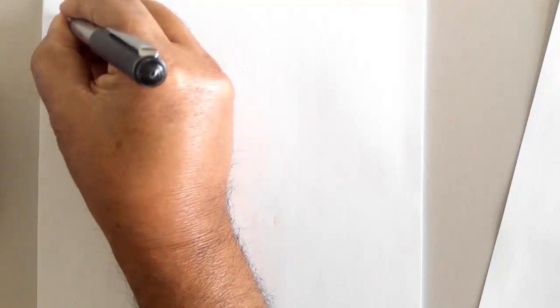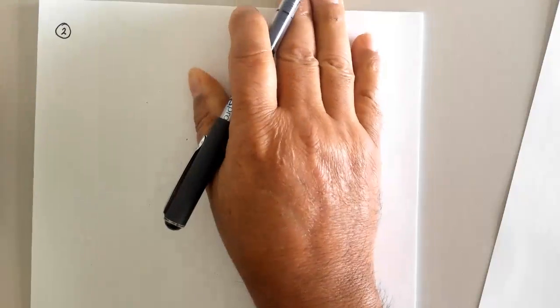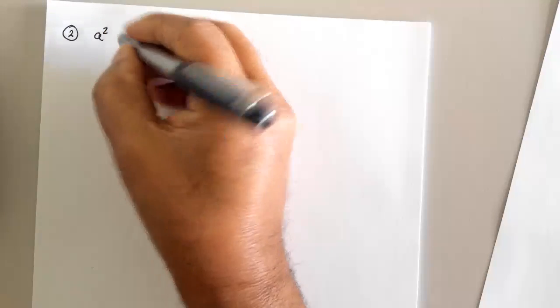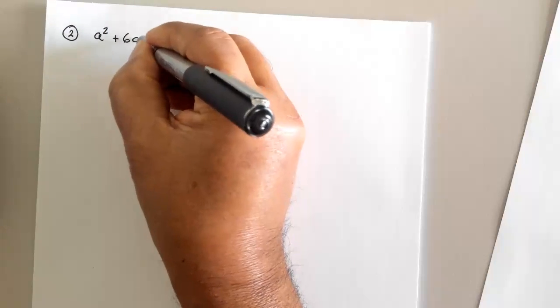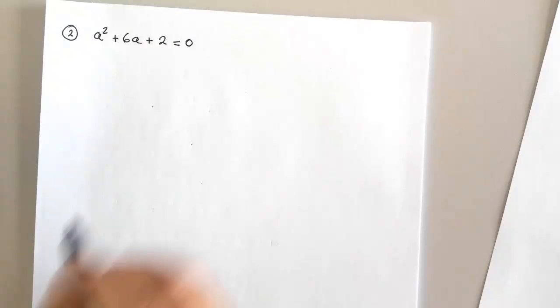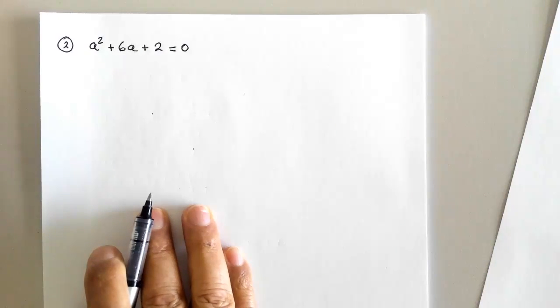Okay, let's do a few more questions. Okay, let's say this question 2. All right, let's say that you have a squared plus 6a plus 2 equals 0.